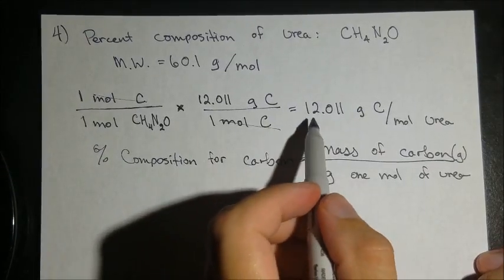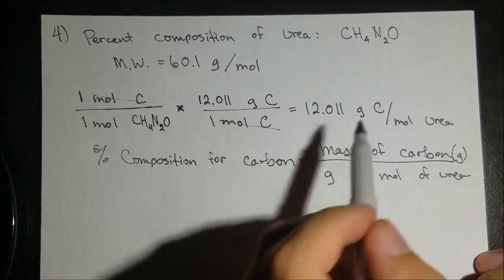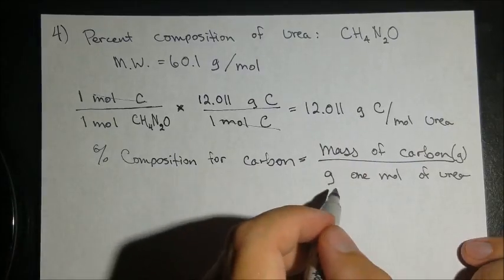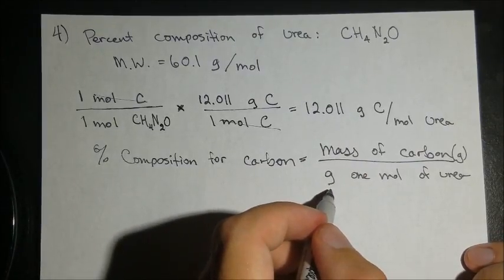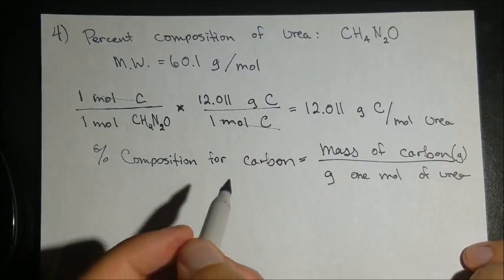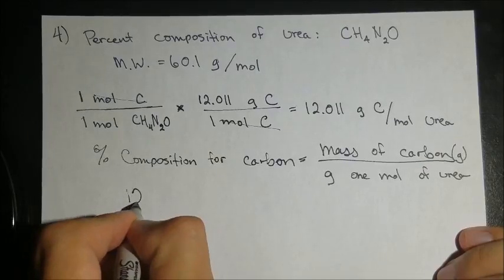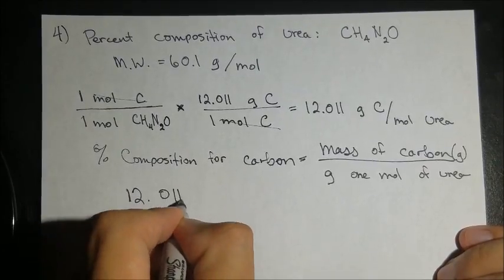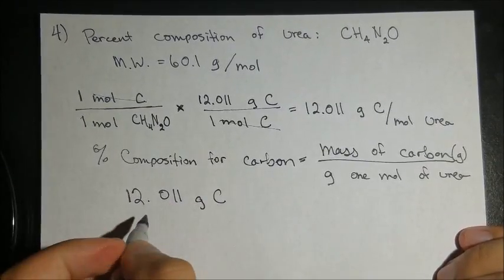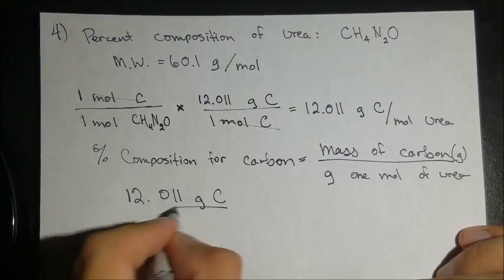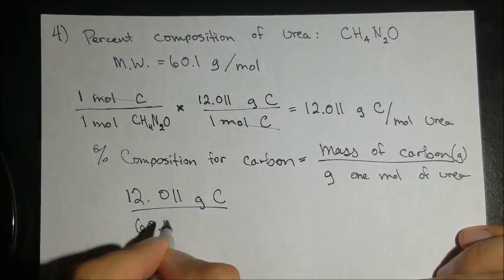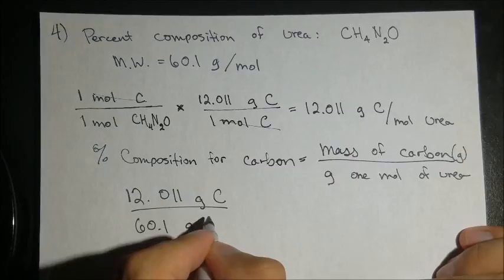So we have here that a mole of urea has 12.011 grams of carbon, and so then all we want to know here is how much a mole of urea weighs, because we want a percent, so we want to make sure our grams cancel, our units cancel. So we get 12.011 grams of carbon. That's how much carbon we have in a mole of urea, divided by 60.1 grams of urea.